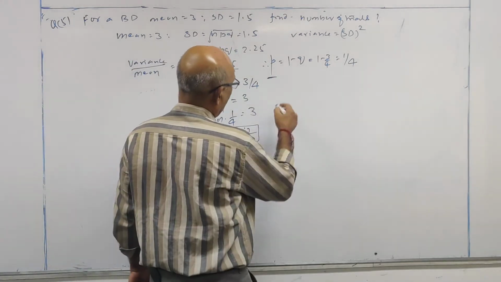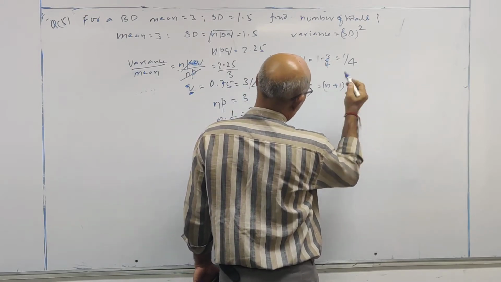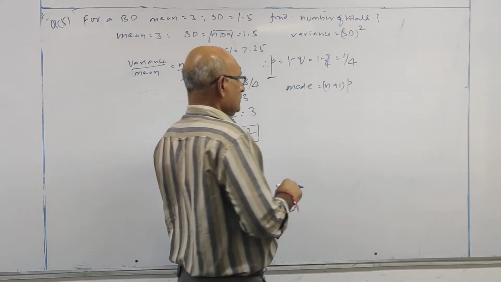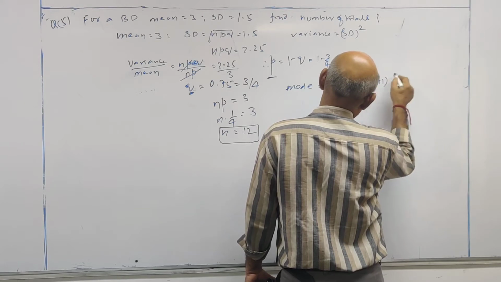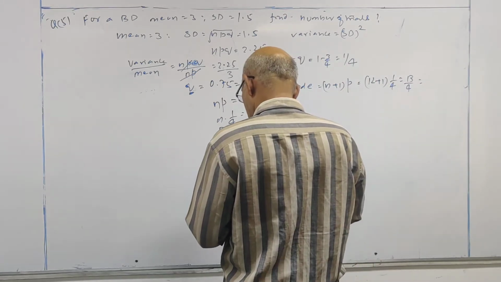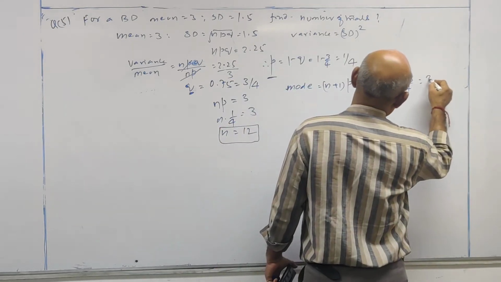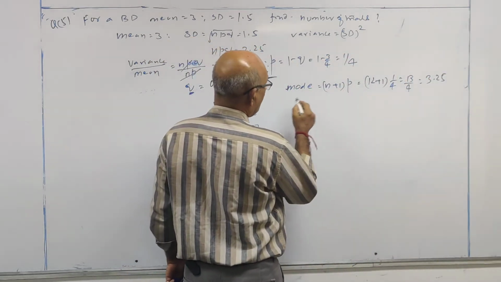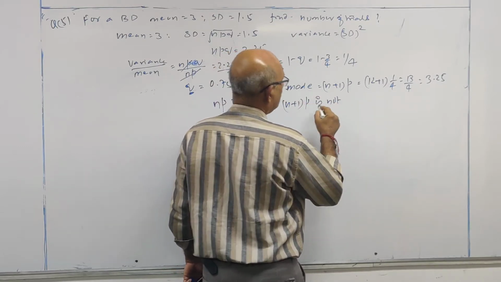Okay, now I am going for one more calculation, mode. This is N plus 1 into P. This mode I am calculating only for your practice sake. N plus 1 into P, so 12 plus 1 into 1 by 4, 13 by 4, 13 divided by 4, 3.25. So N plus 1 into P is not an integer.